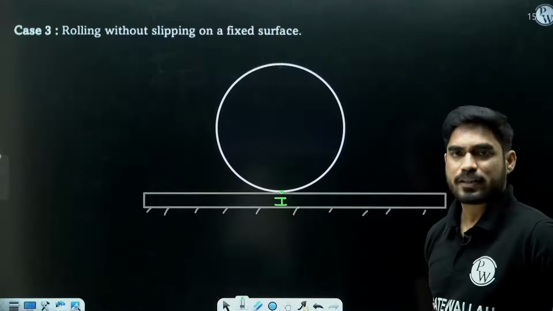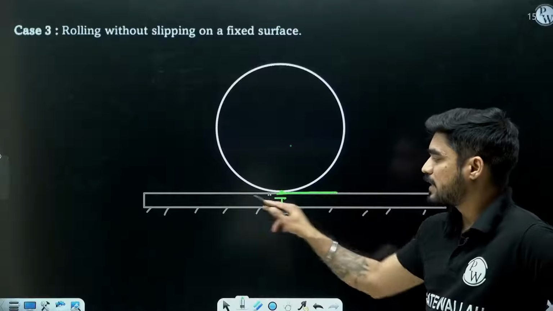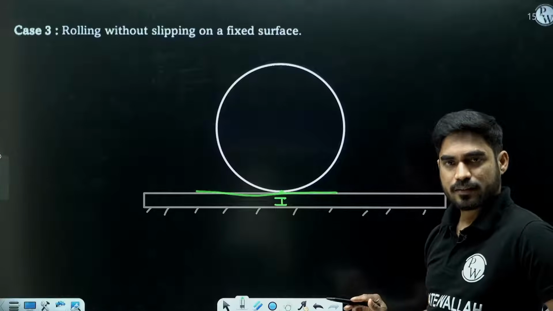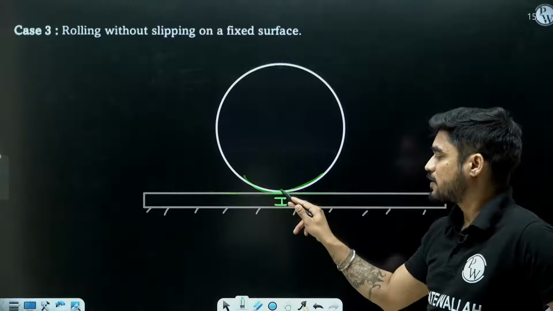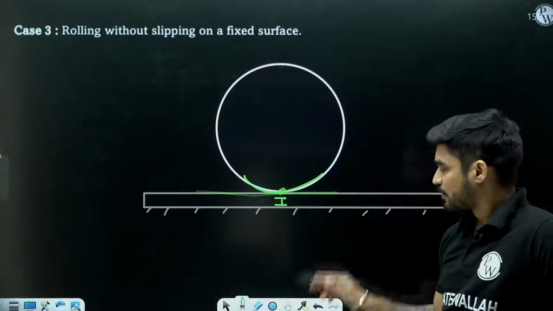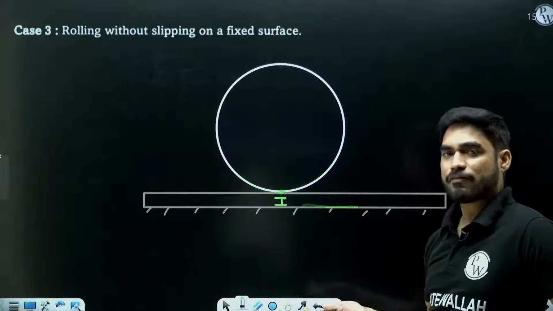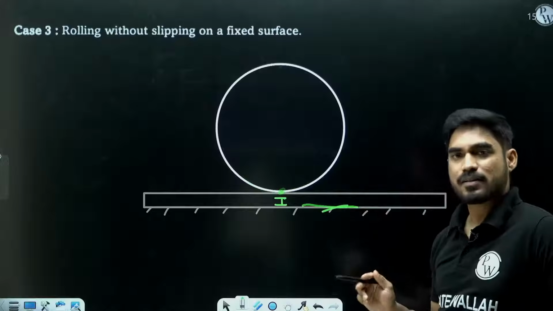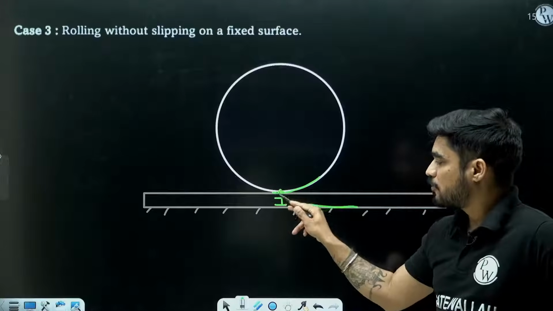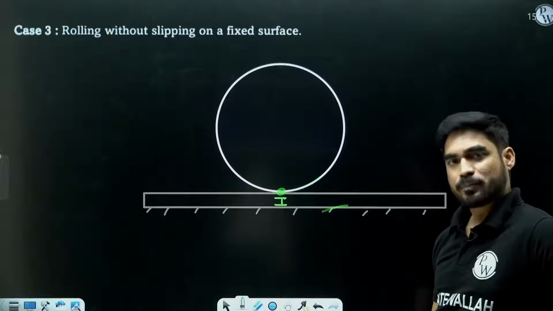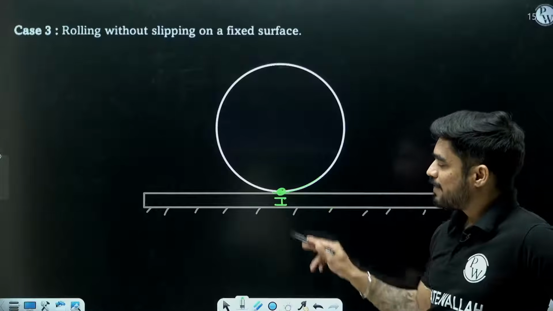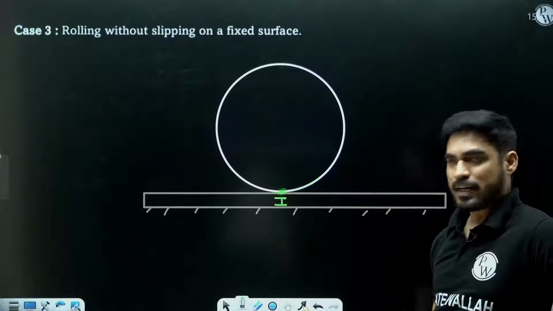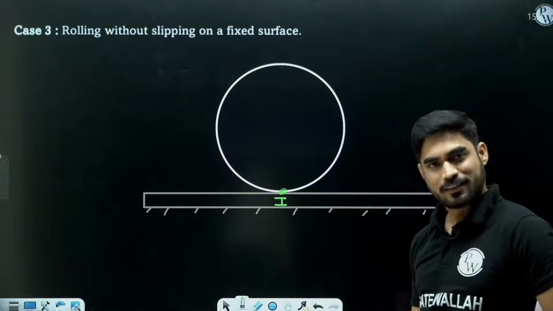So relative velocity must be zero, means whatever velocity the fixed surface has, the wheel will also have the same velocity at the point of contact. Now the velocity of this surface is zero, right? Because it is fixed. So velocity at the point of contact should also be zero. So if the velocity of this point is zero, it must be the center of rotation, na?